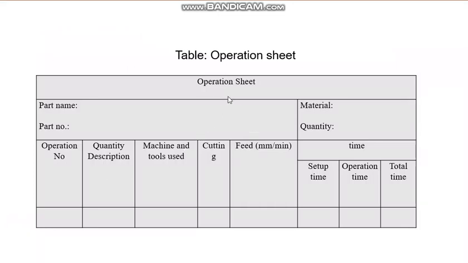Now see, a typical operation sheet may look like this. Okay, it may have part name, part number, the material, and the quantity. Okay, then it may have the operation number, the description. Maybe something wrong here.